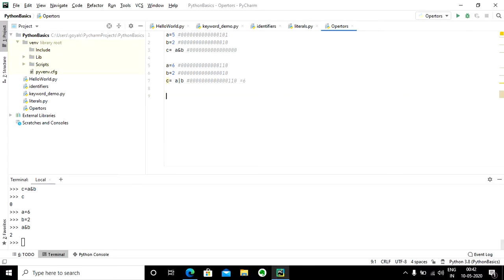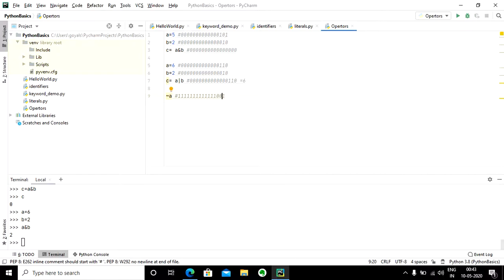Okay, so now if I perform negation of A, negation is represented by the tilde sign. A is 6, and negation of A would be 1 1 1 1 1 1 1 1 1 1 1 1 1 1 1 1, and these two bits would get converted to 0.